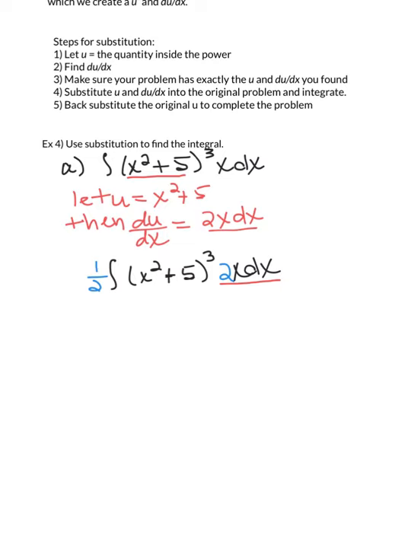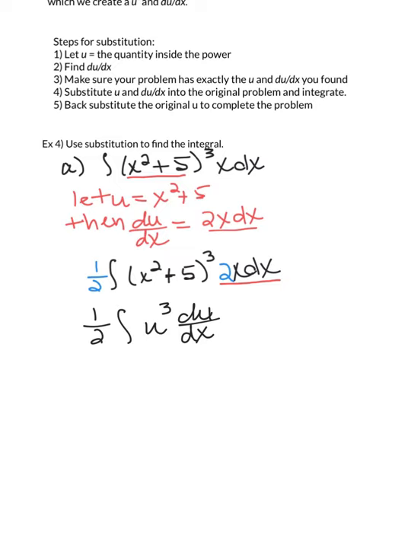So when I'm doing my substitution, anything that I have had to tack onto the front, I have to keep. So I have to keep the 1/2. The x squared plus 5 is our u. It's being raised to the third. And 2x dx is exactly du dx.